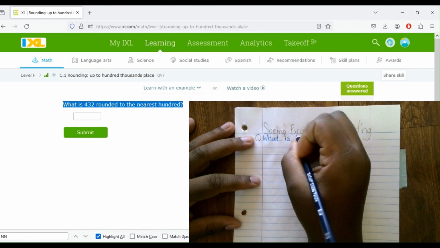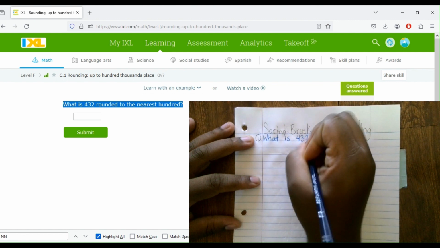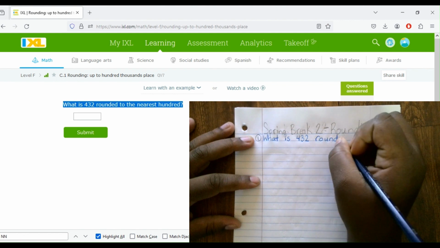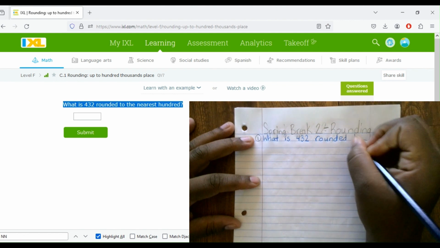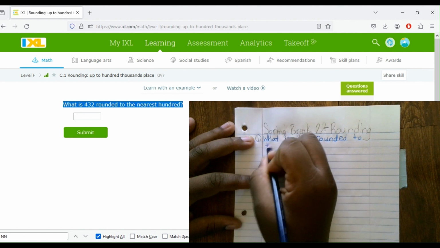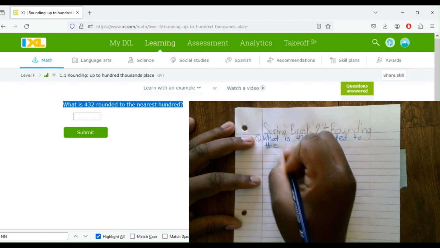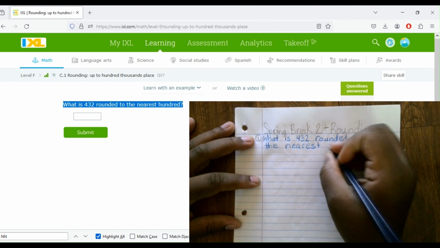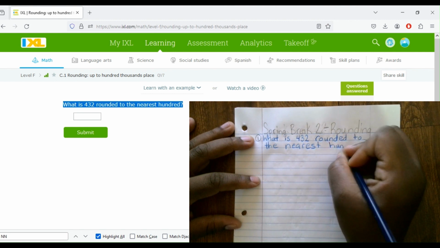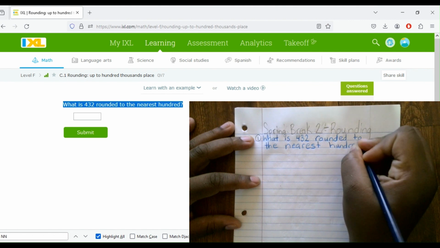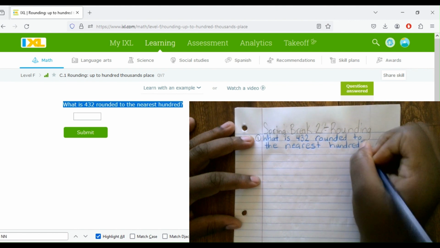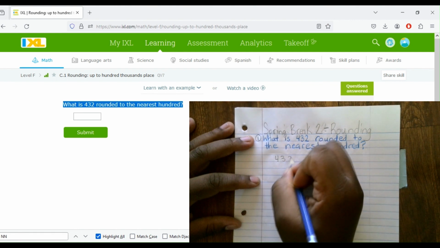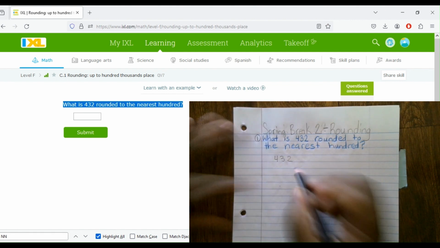What is 432 rounded to the nearest hundred? So 432 rounded to the nearest hundred.